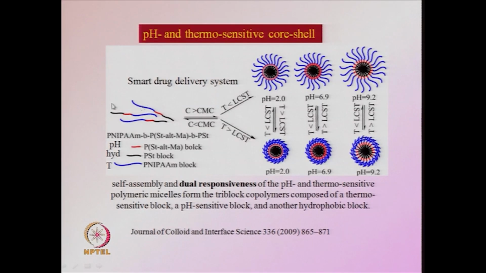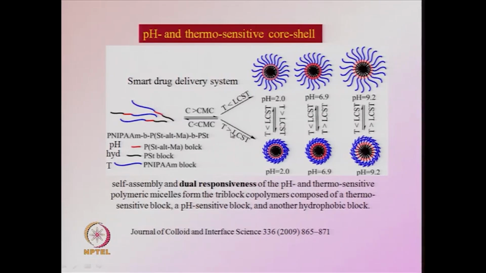So, these are terms more commonly used in liquid crystals, etc., but here it has been used for an assembly of tri-block copolymers. And so, you have this kind of structure at a temperature below the LCST, okay, the lower critical solution temperature, which is also called the lower consolute solution temperature.